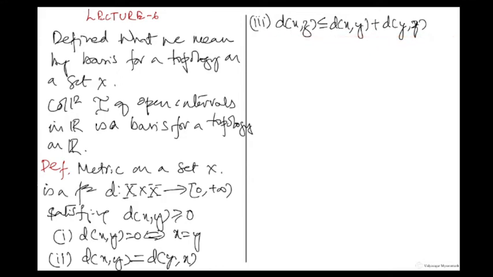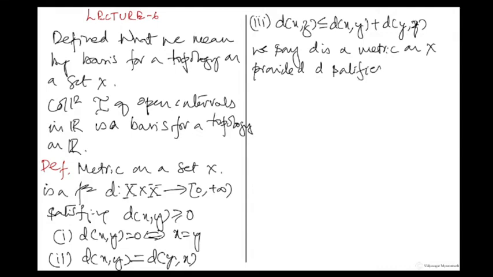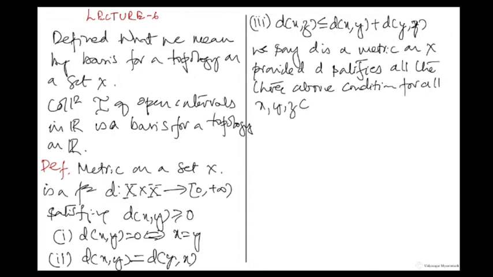So we say d is a metric on X provided d satisfies all the three above conditions for all x, y and z in X. For any x, y and z in X, we would like the triangular inequality to hold true, and for any two points x and y in X, we would like the first two conditions to hold true.